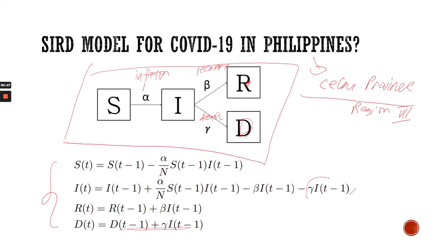I will do forecasting. We will be using real data from Region 7, and I will be using the SEIR model to do forecasting of the number of infectives, number of deaths, number of recoveries, and susceptible in Region 7 using Region 7 data. So this will be your problem set.